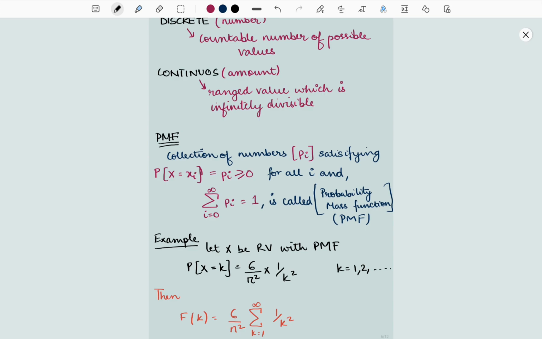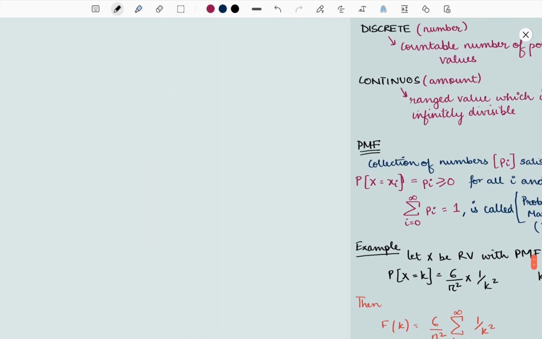So here's the definition: a collection of numbers pi satisfying P(X = xi) = pi, and the probability is greater than 0 for all i. This means, let us come here.